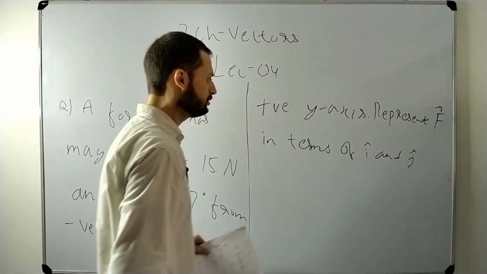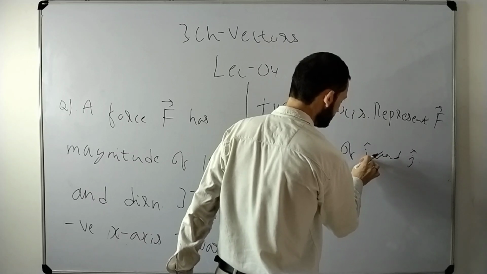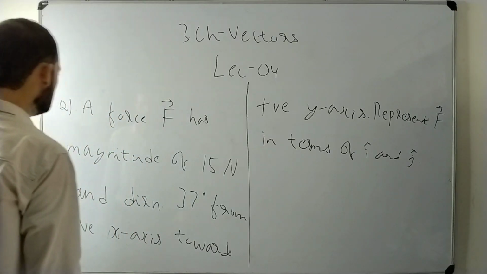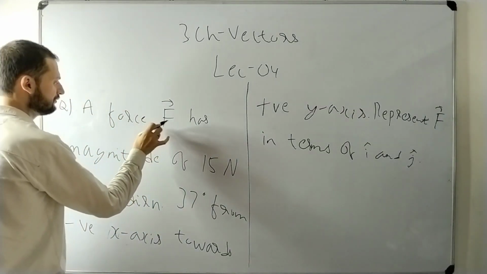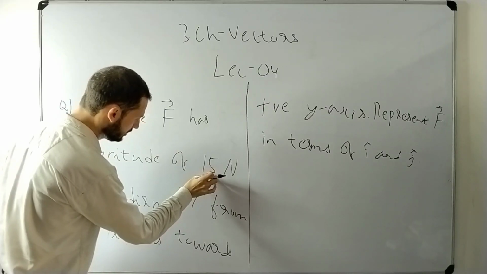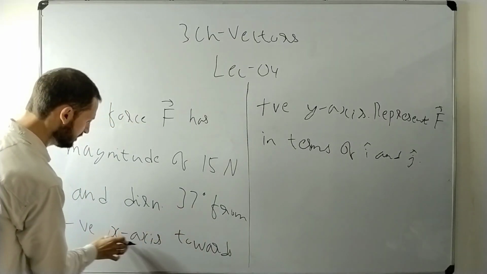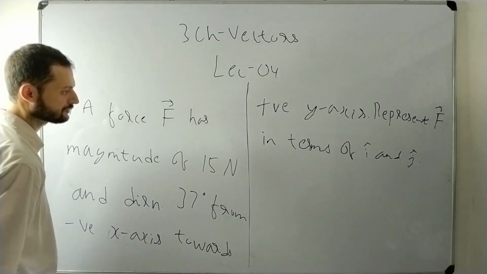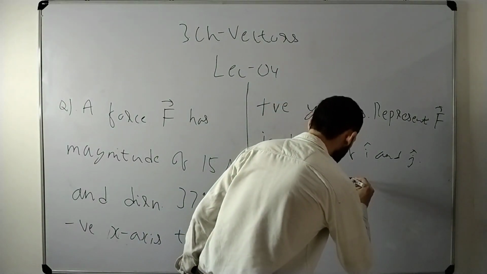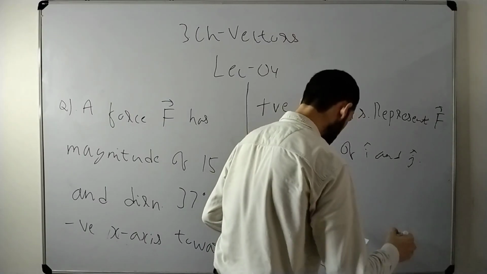So we have been asked to find x direction force and y direction force. Very easy. But let's see the question. A force given with 15 Newton magnitude and its direction is 37 degree from negative x-axis towards positive y-axis. So let's draw the diagram. This is the y-axis, students.